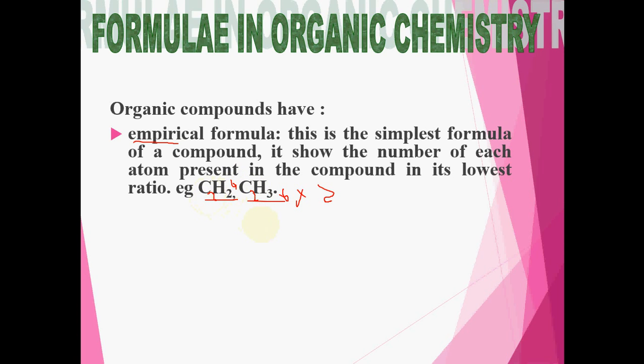Meaning, the way I wrote it first is the one showing the simplest ratios. So if I multiply it by 2, this will become 6, this will become 2, that will become 4, this will become 2.